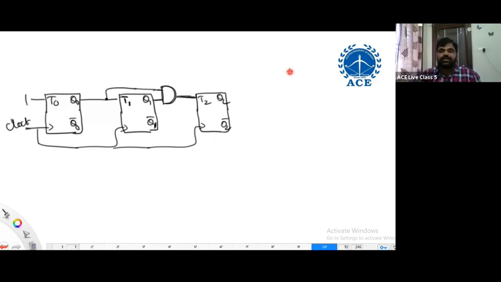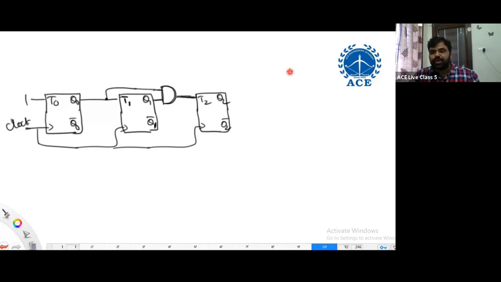But what is the use of this order is, if I want to design a 4-bit binary up counter, the simple thing is T3 will be Q2, Q1, Q0 ANDed. Check it correctly. So we have one more flip-flop, and T3 is equal to Q2 Q1 Q0.